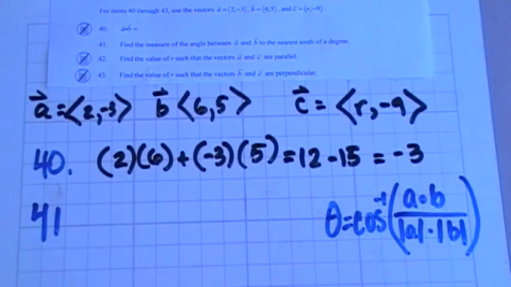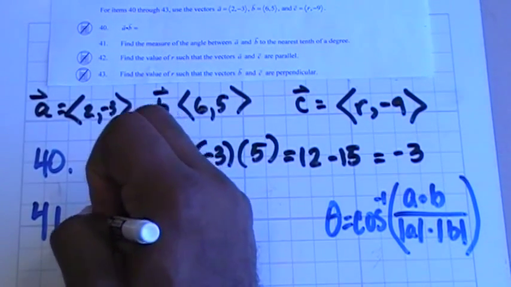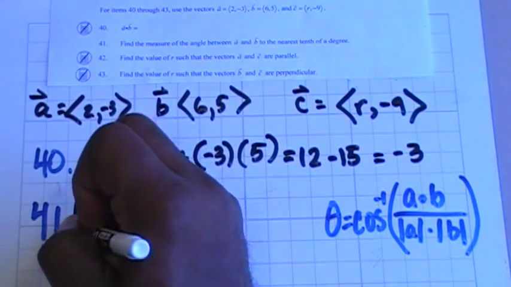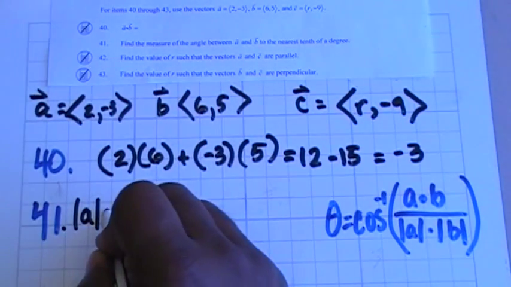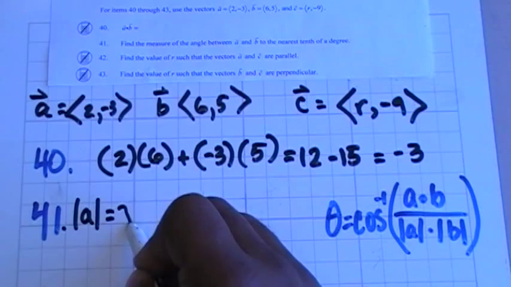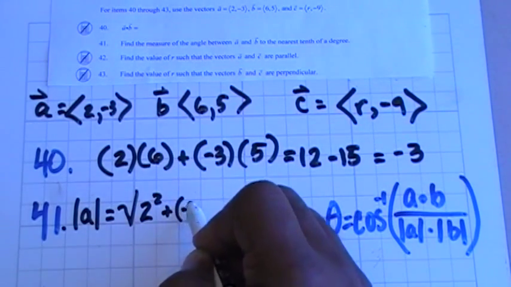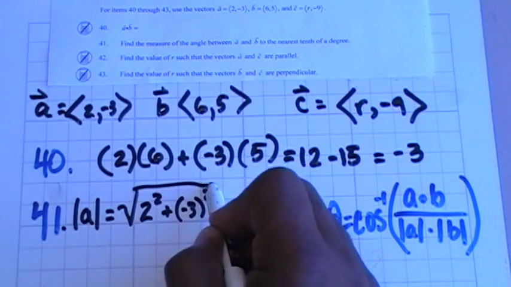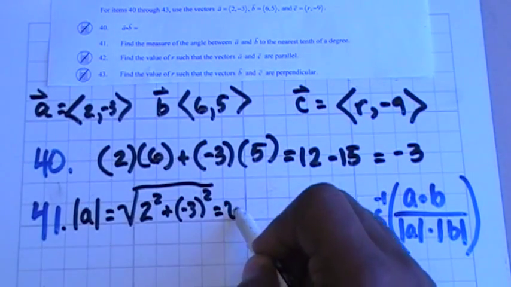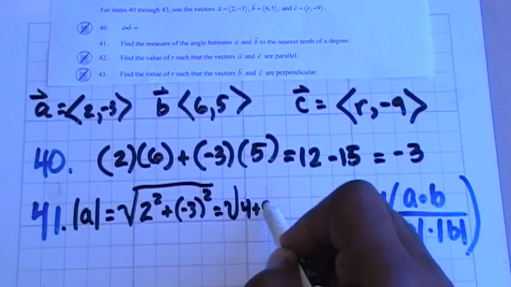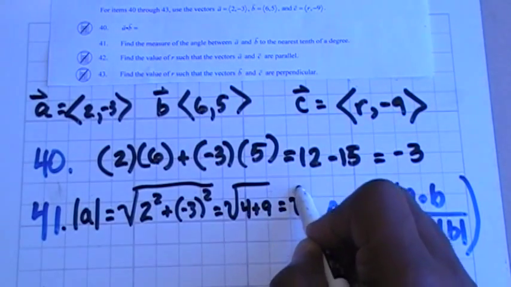One of them we've already done, and so from here we would like to do the magnitude of A and the magnitude of B. So the magnitude of A is going to be the square root of 2 squared plus negative 3 squared. That's going to give us the square root of 4 plus 9, which is the square root of 13.